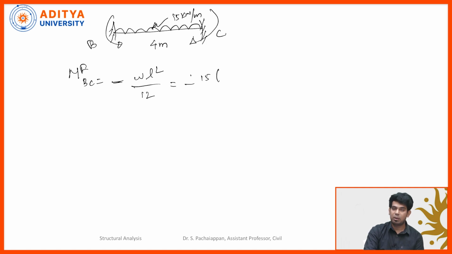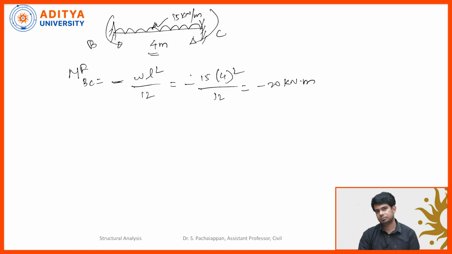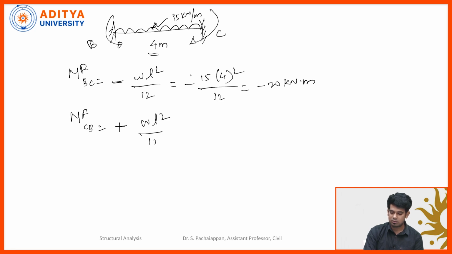Minus 15 into 4 square divided by 12, so I will be getting minus 20 kilonewton meter. Similarly MFCB is positive WL square by 12, so the same value, plus 20 kilonewton meter. So far we have calculated the fixed end moments.